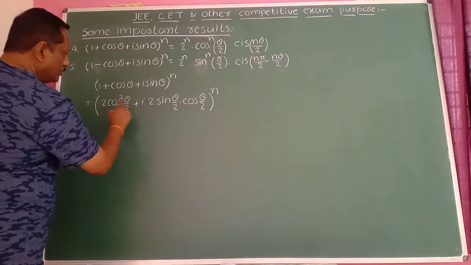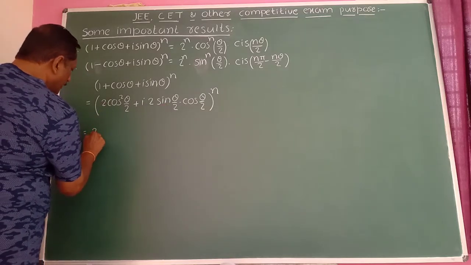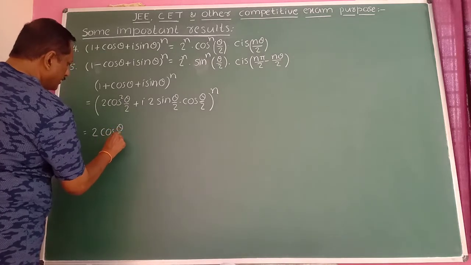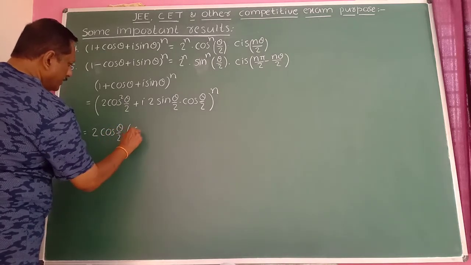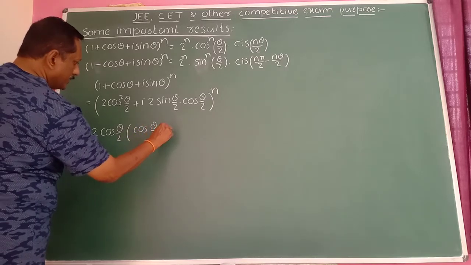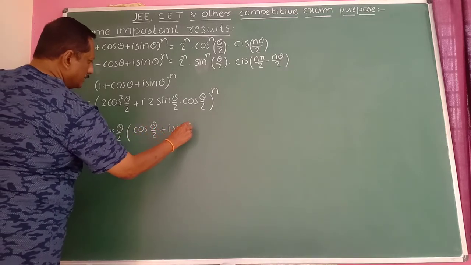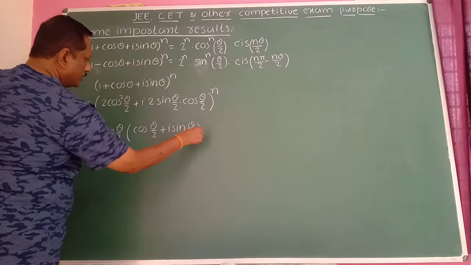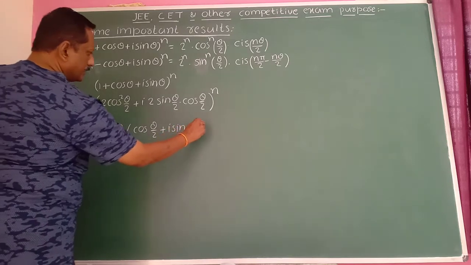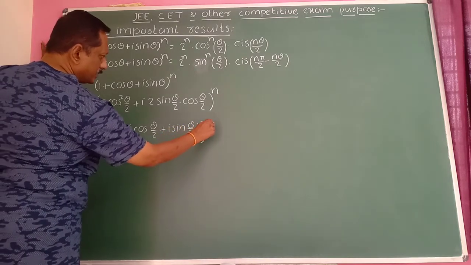Then from these two terms, 2 cos of theta divided by 2 is the common factor. Then the remaining term is cos theta divided by 2 plus i into sin of theta divided by 2, then this whole raised to n.